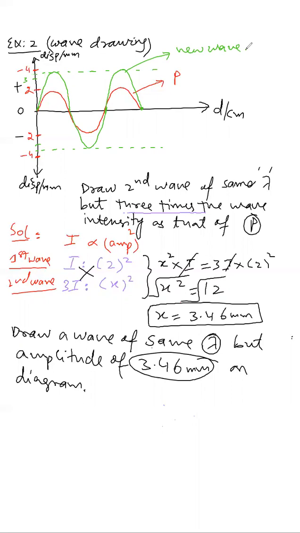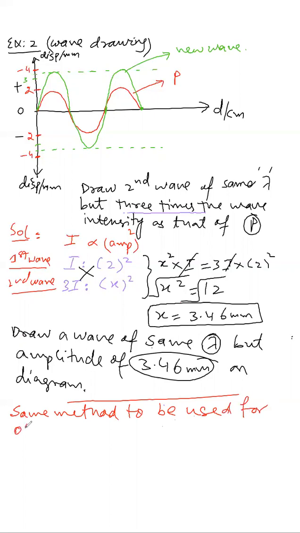Okay, so in the same way, you can practice for the other questions. So the same method is to be used for other factors. And what are the other factors? Actually, I already told you.